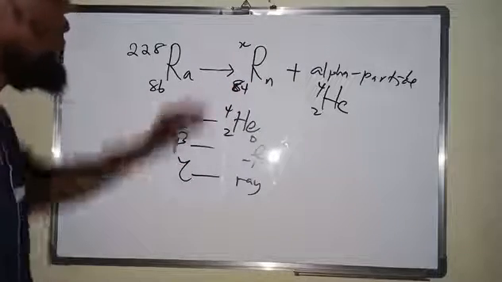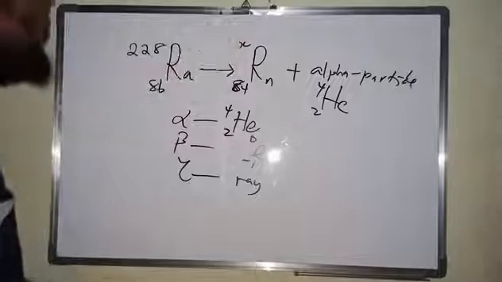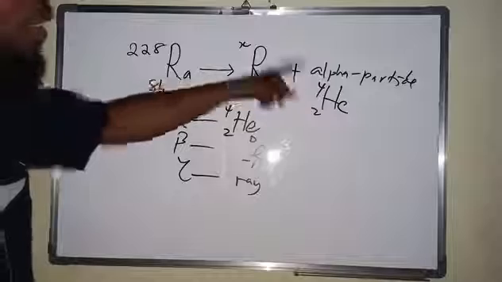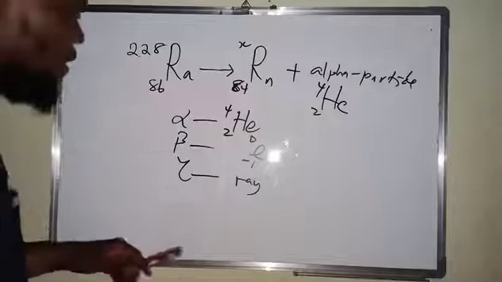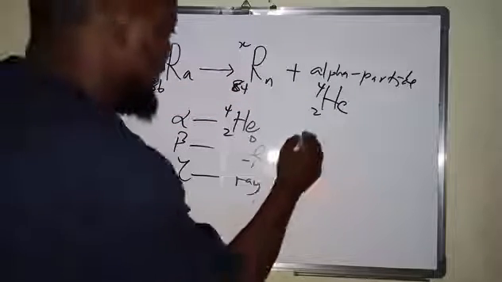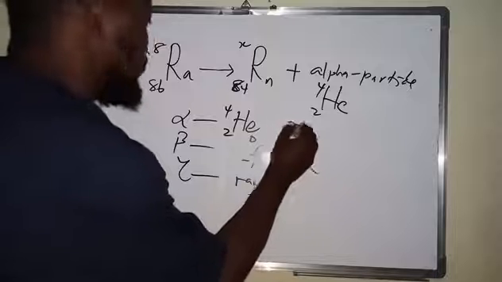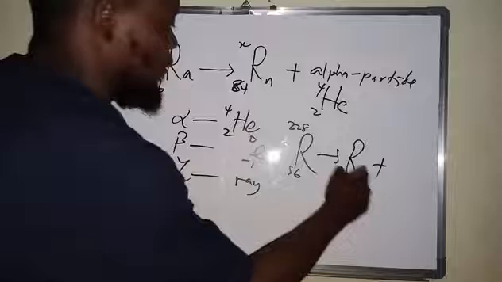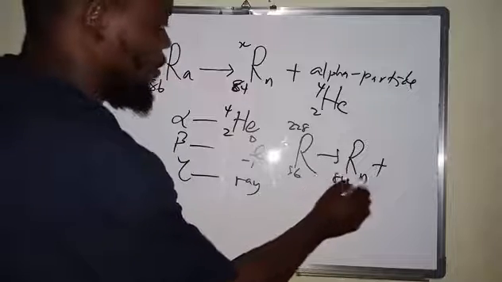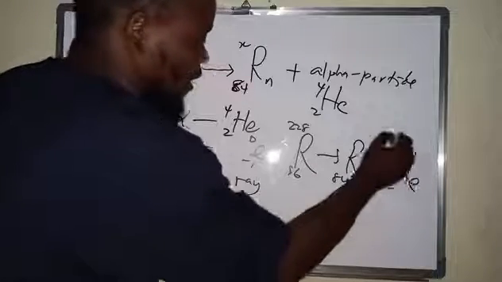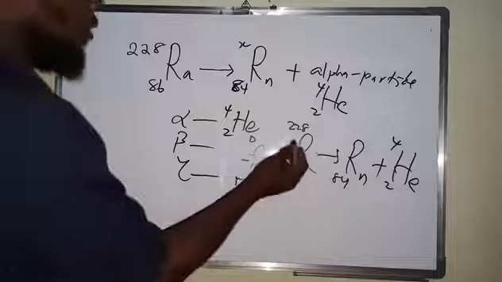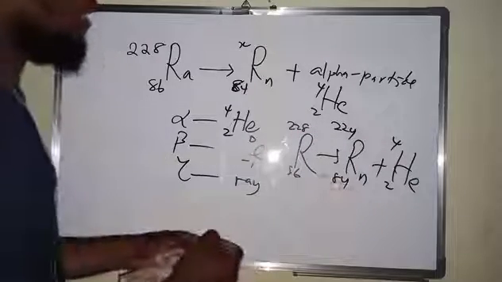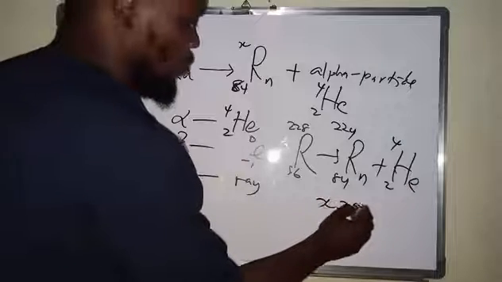Then for the mass number, it is going to be 4 less than what you had here. So the equation is 228 86 Ra goes to radon 84, and an alpha particle written as a helium nucleus. 228 minus 4 should give 224, which means our S is actually equal to 224.